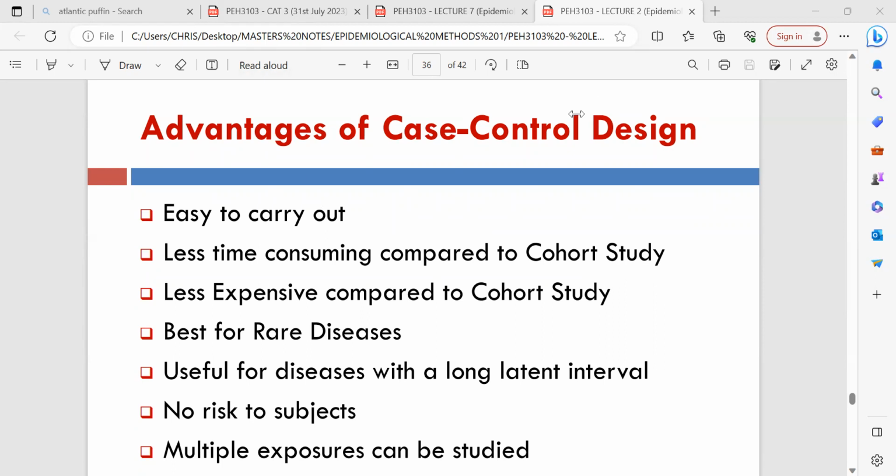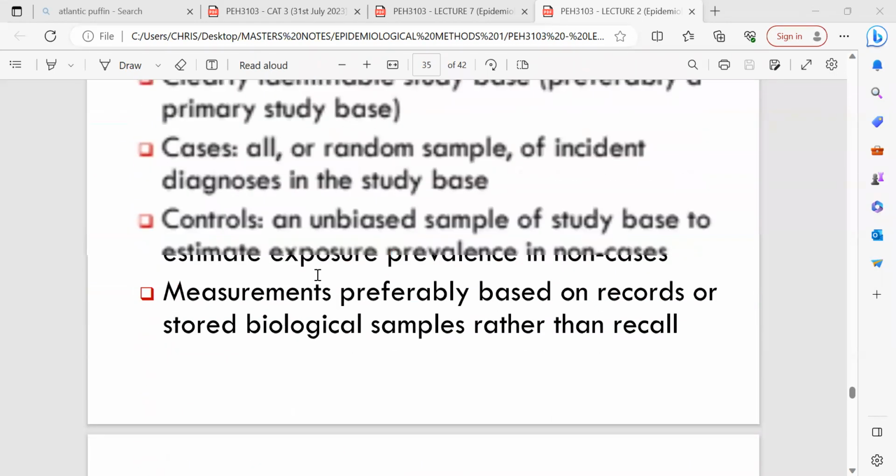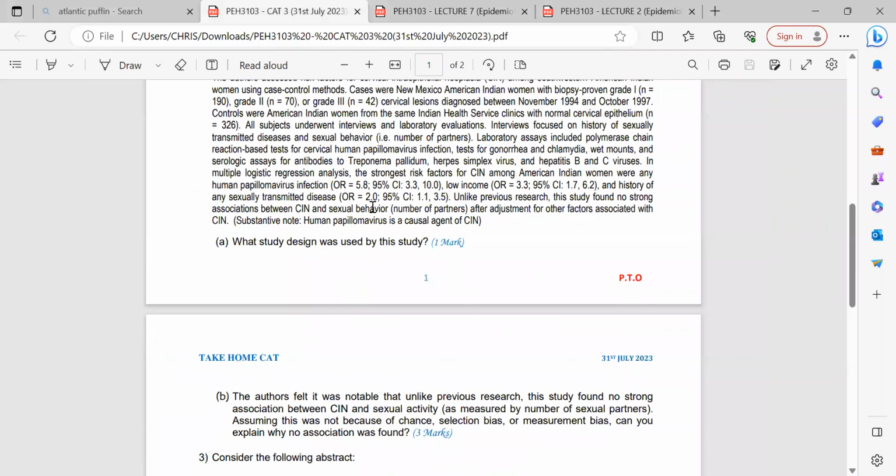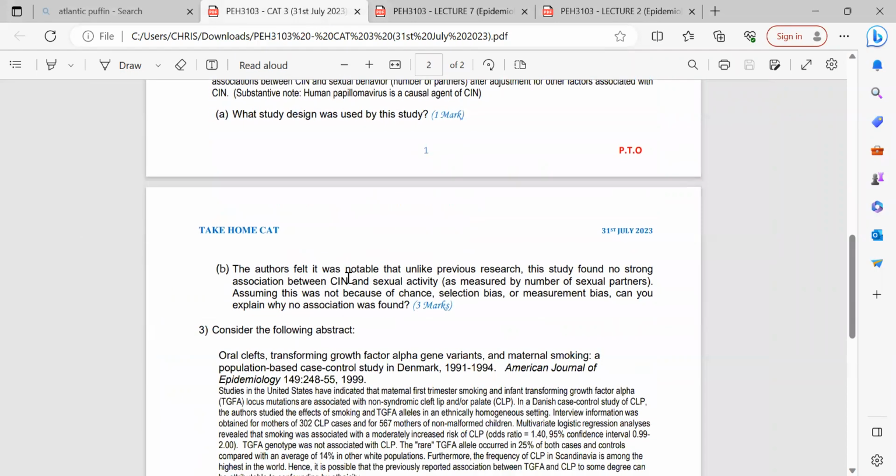Does anyone else have a different answer or support this one? Okay, I don't even have a problem with that. We can proceed to question number 2. This one we can answer maybe by tomorrow.